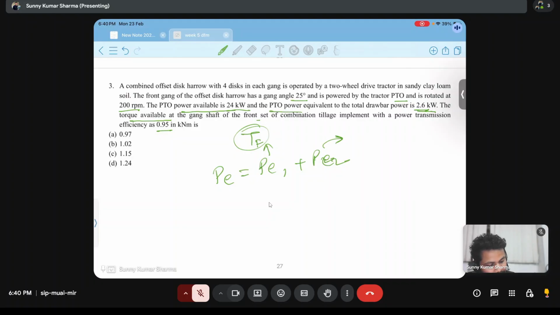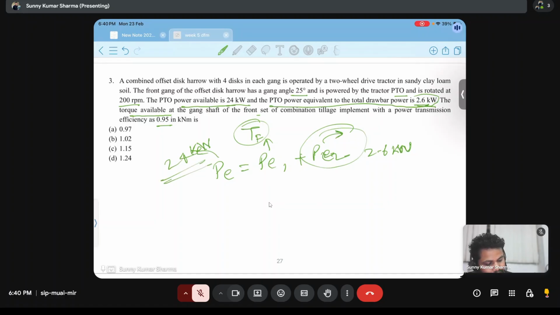And the PTO power equivalent to total draft power is 2.6 kilowatt, so this value is given as 2.6 kilowatt. 24 kilowatt is available, and equivalent to draft power is 2.6 kilowatt. So only for rotating the disc will be PE1. So PE1 will be 24 minus 2.6 kilowatt.